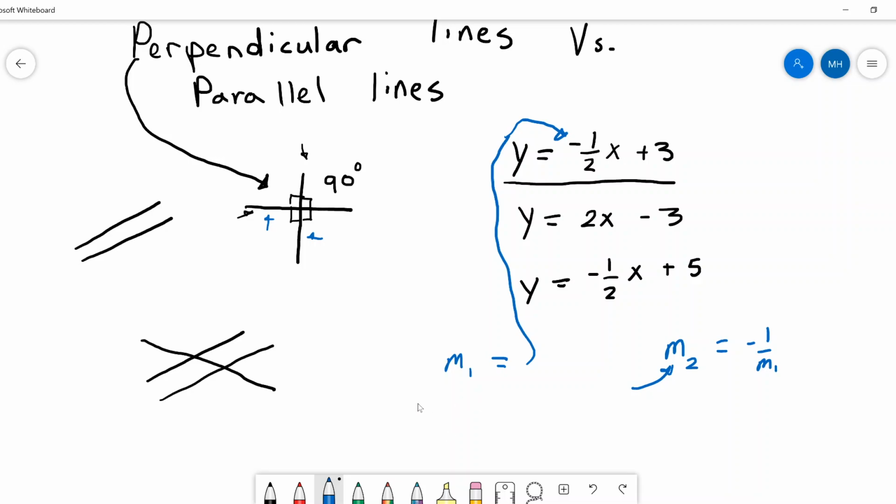If we solve for m2, we get negative 1 over negative 1 over 2, which equals 2. I gave us two examples here to choose from, and we would know just by looking at the slope which line is perpendicular.